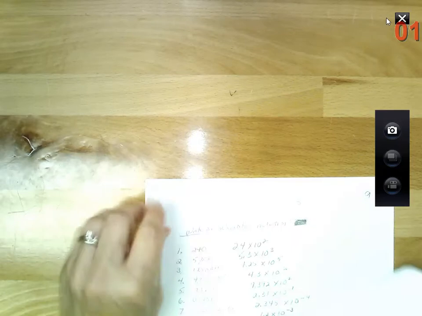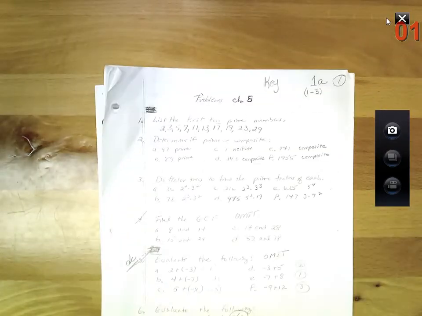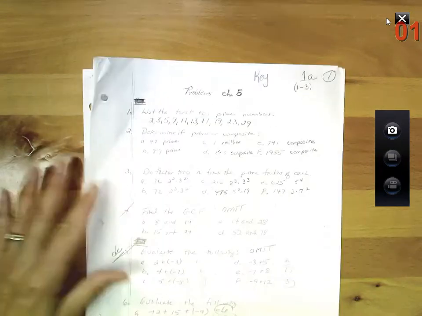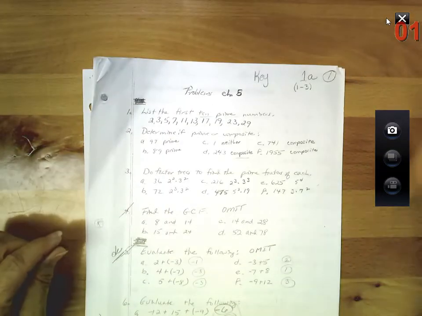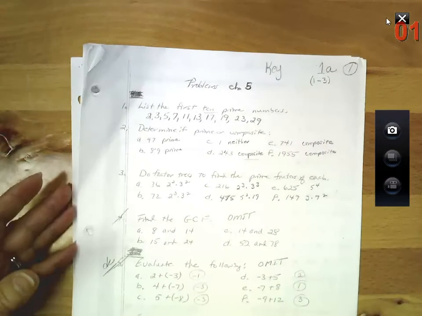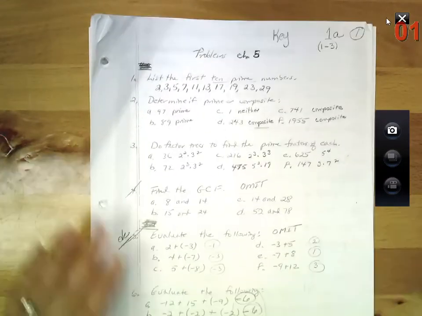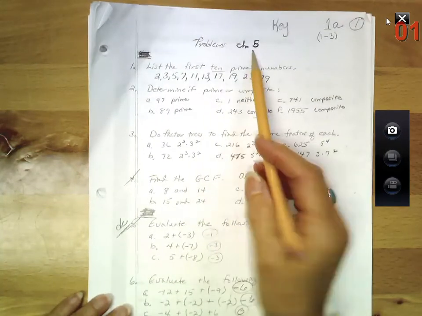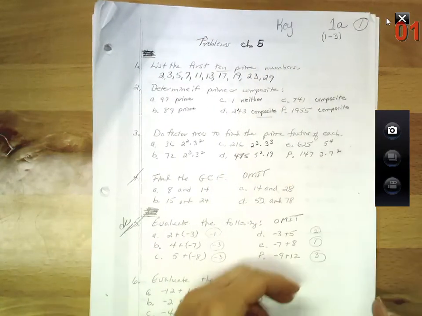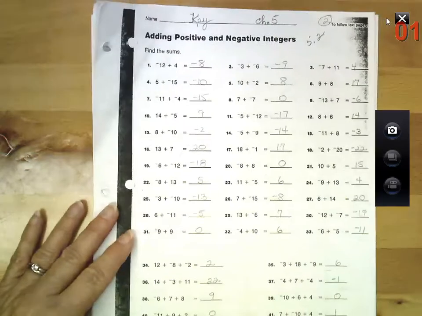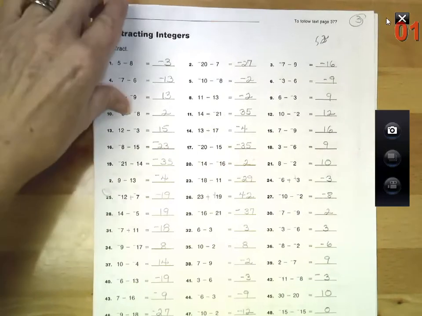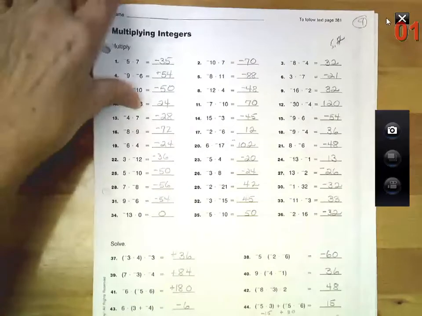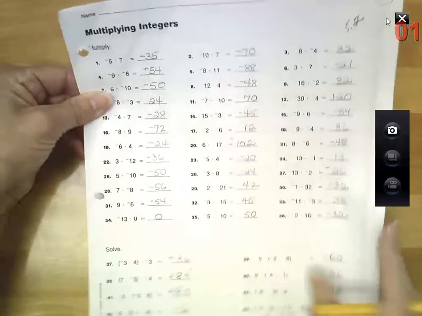But before we look at the answers on that, I need to do this for Amber at home, because the numbers are not the same on these worksheets. So on chapter 5, this one where it has just problems, 1 through 6, that's page 1. And then adding positive and negative numbers is page 2. Subtracting is page 3. Multiplying is page 4.